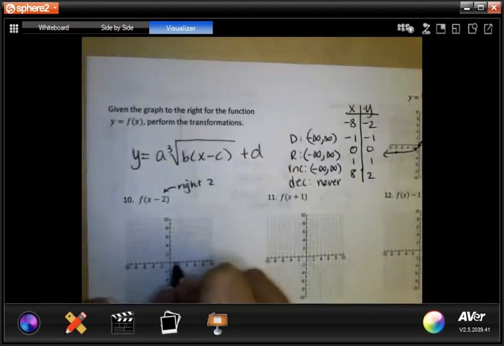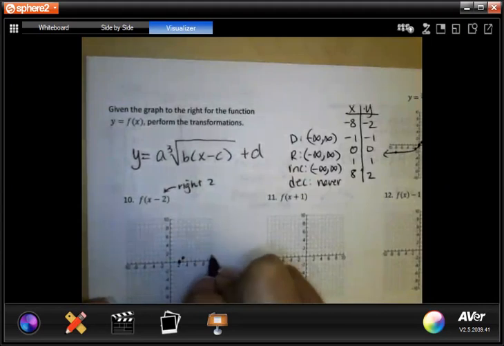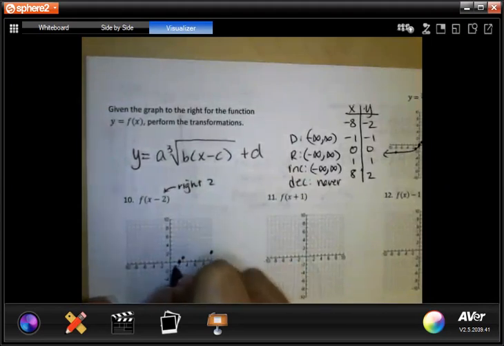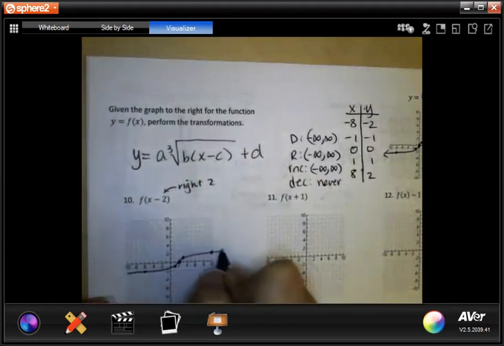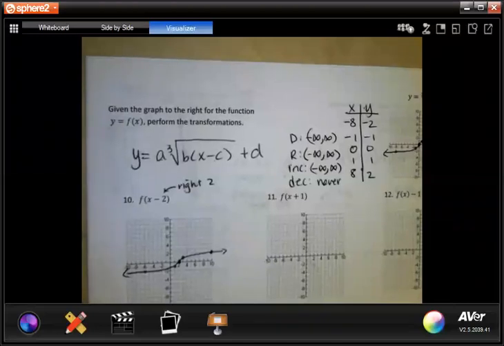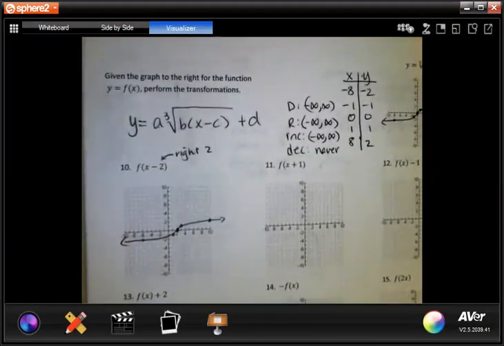So I would take each one of these points and move them to the right 2. It is not changing its steepness at all, so it's got the same exact shape, and it's moving the same way. We have just picked it up and moved it for the translations.